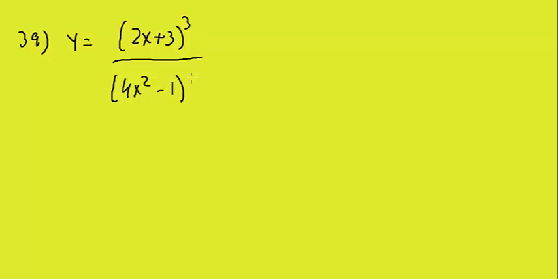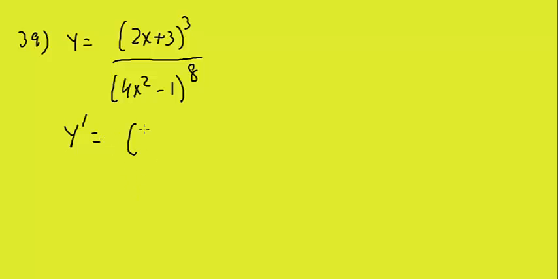39. Y is equal to 2x plus 3 to the third, all that over 4x squared minus 1 to the 8th. Okay, what rule do I apply here? Quotient rule.